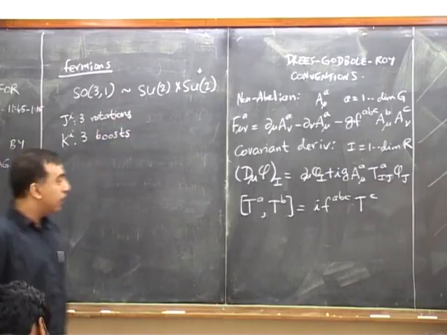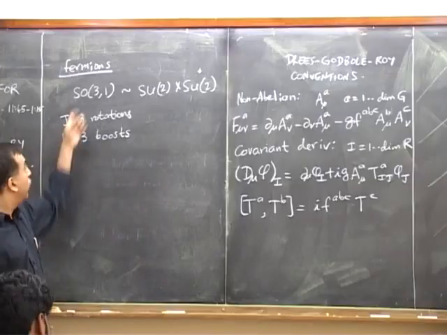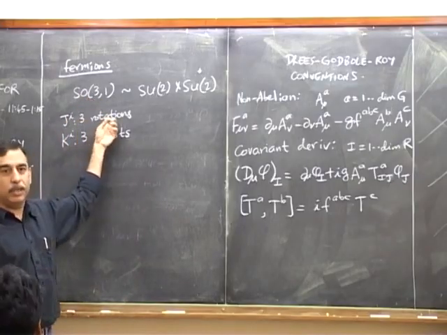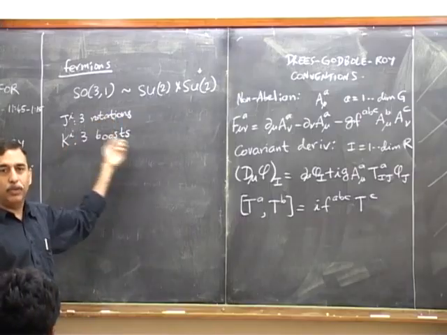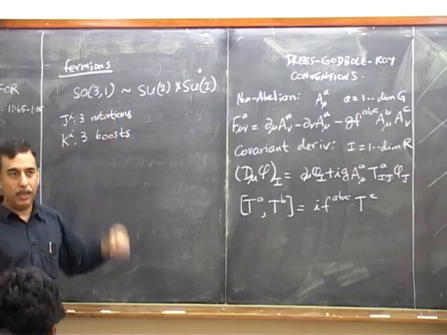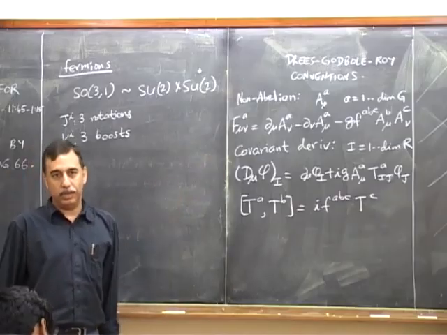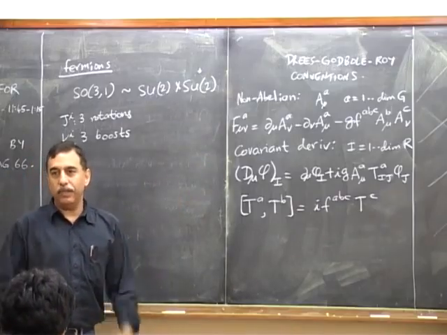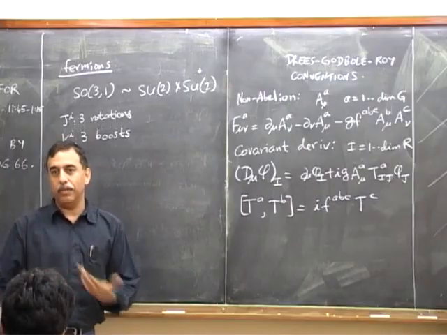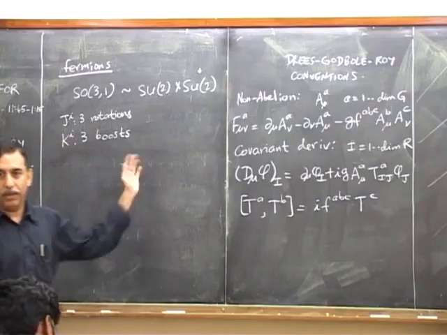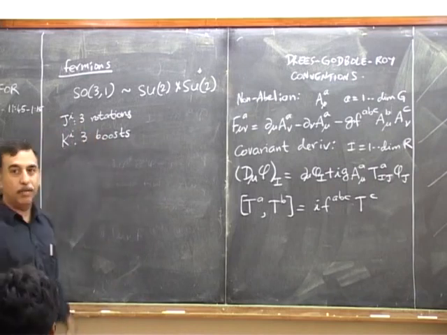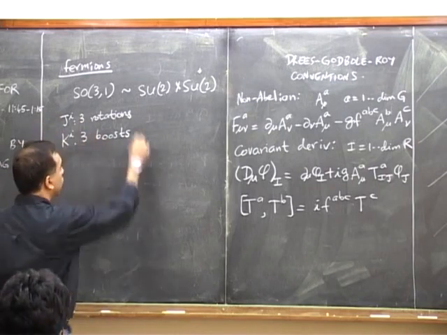Okay, and there's a certain algebra which together they obey, which is the algebra of SO(3,1), in which a rotation commuted with a rotation is a rotation, a boost commuted with a boost is also a rotation, and a boost commuted with a rotation is a boost. It's a standard thing that you can always work out for yourself. Just think about boosts and rotations, commute them, and you will come to that conclusion. You can also work out very precisely what the algebra of these 6 objects is. Here I goes from 1 to 3.